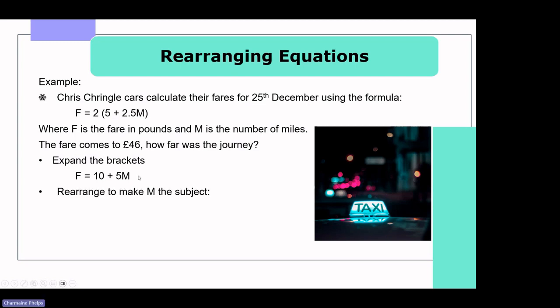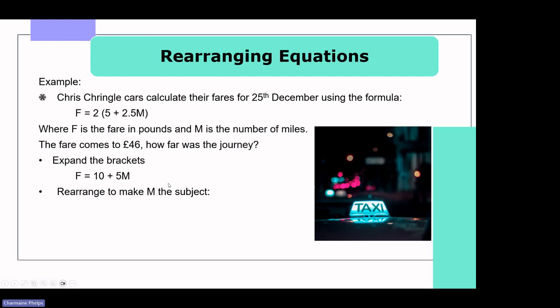Now what we need to do is rearrange the formula to make m the subject. What we basically have to do when you're rearranging a formula is similar to finding equivalent fractions. Whatever you do to one side, you have to do to both sides in order to keep it balanced.